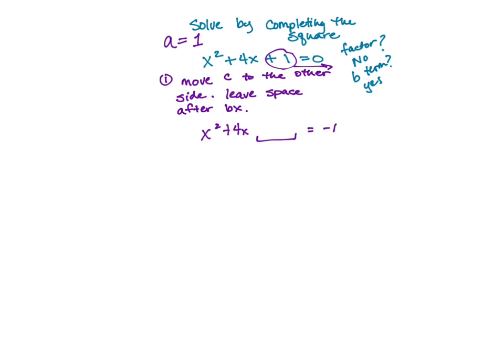Okay, that's step 1. Step 2, identify b. On our equation, we have x squared plus 4x, big space, equals negative 1. What is b? Not 4x, just 4. So b equals 4.